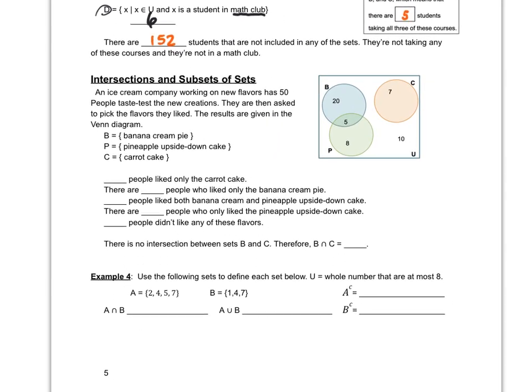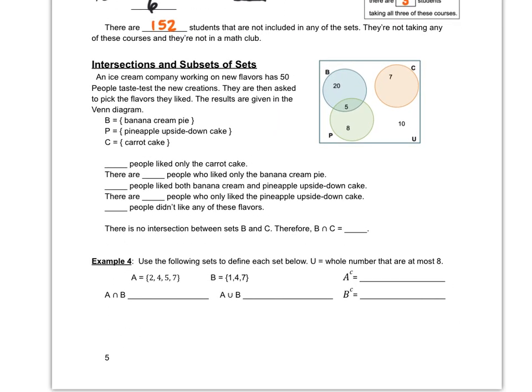Looking at the intersections and subsets. Now here, again, this is a long bit of information to talk about, but we have this ice cream company working on new flavors, has 50 people taste test the new creations. They're asked to pick the flavors that they've liked, and here are my results.